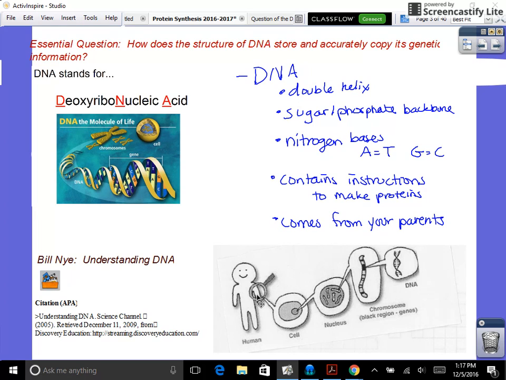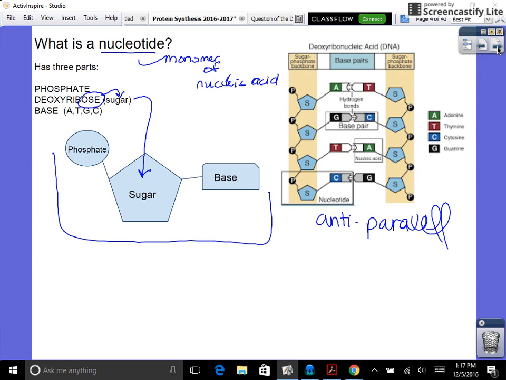But what we talk about is that some of those genes, some of that DNA, is being used in the arm and it's not being used in the brain, and vice versa. Sometimes the DNA is being used in the brain and not in the arm. So when we get to figuring out how proteins are made, they'll make a little more sense, but it is important for you to know that the same DNA is in every cell in your body.